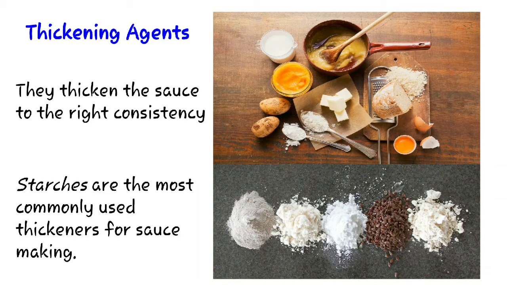Starches are the most commonly used thickeners for sauce making, wherein flour is the principal starch, the most commonly used type of starch as thickener. Other products include cornstarch, arrowroot, waxy maize, breadcrumbs, and other vegetables and grain products like potato starch and rice flour.